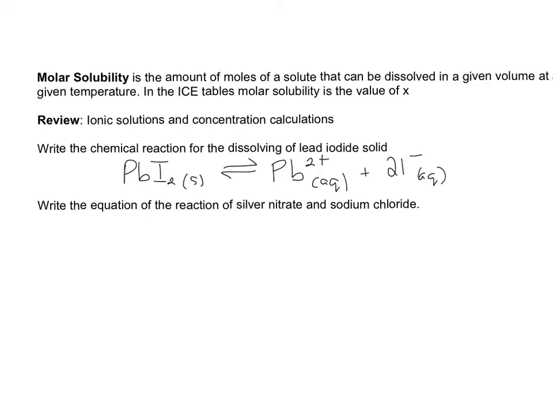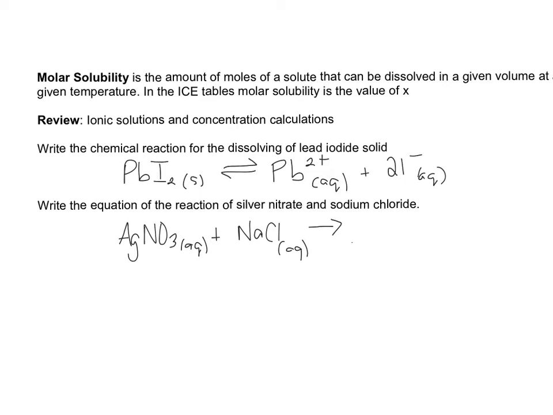So write the equation for the reaction of silver nitrate and sodium chloride. Silver nitrate is aq because all nitrates are soluble. Sodium chloride is aq because all group 1 metal chlorides are soluble. Now this part has a single arrow.